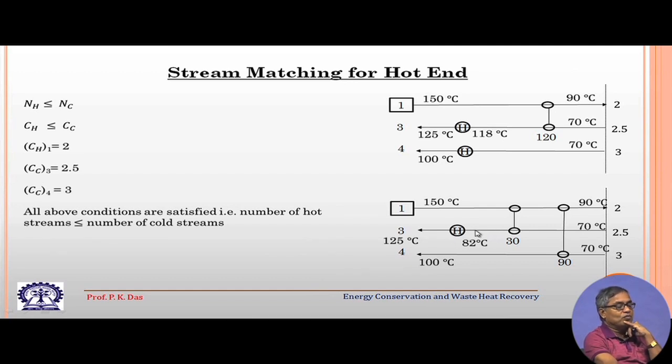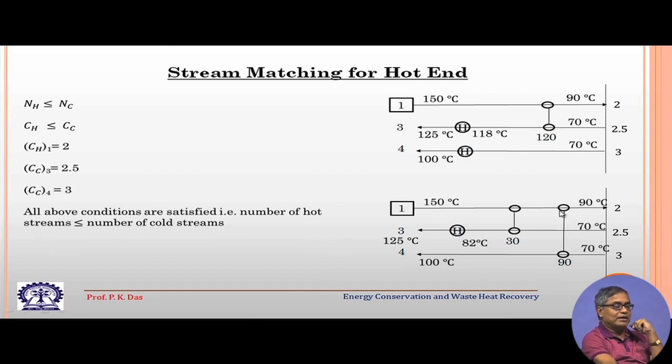So, one hot utility has to be used, and we can calculate how much hot utility is needed. You will find that whatever hot utility we have used with the 2 heat exchangers here, the same amount of hot utility has to be used, because this is the minimum amount of hot utility. You see here we get 1 heat exchanger, second heat exchanger, third heat exchanger.